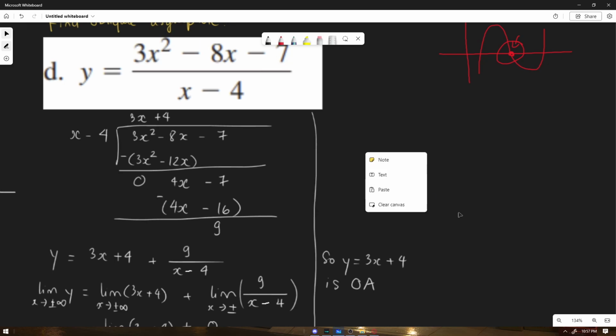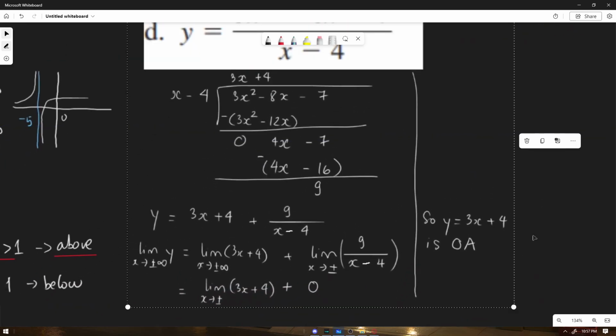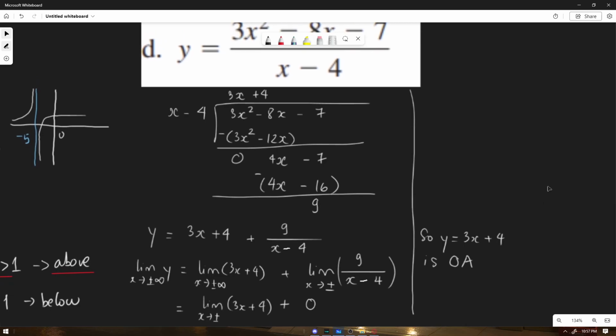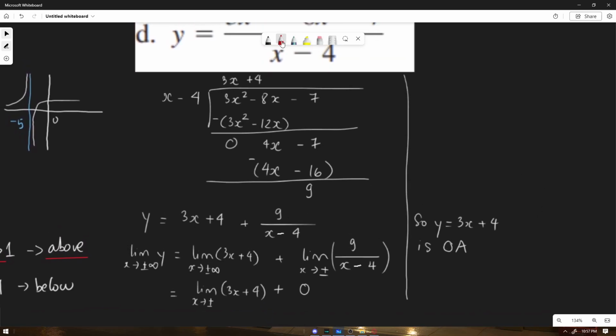Alright, so the next step is quite complicated. This requires memorizing. Not that complicated, but you have to memorize it in order to get marks for the exams. So we're going to put y equals 3x plus 4, which is this, and then the same exact thing, plus, it has to be a plus, 9 over x minus 4.